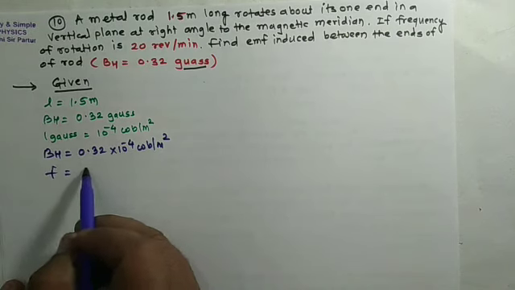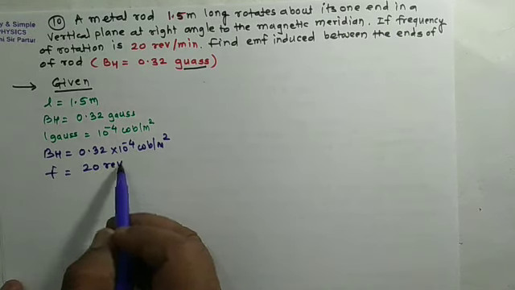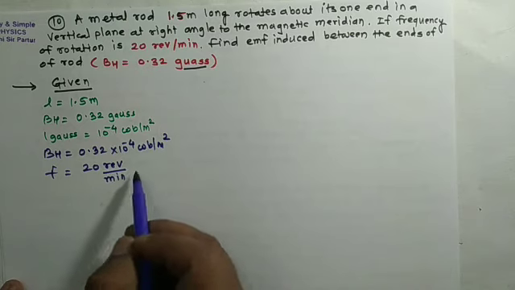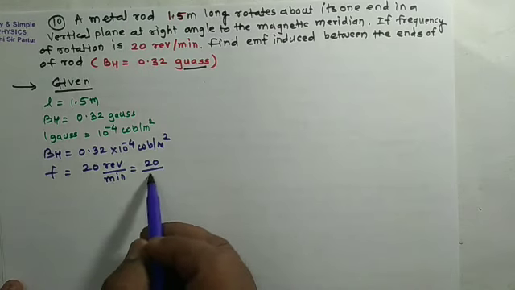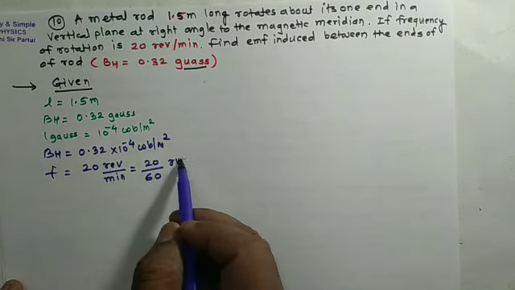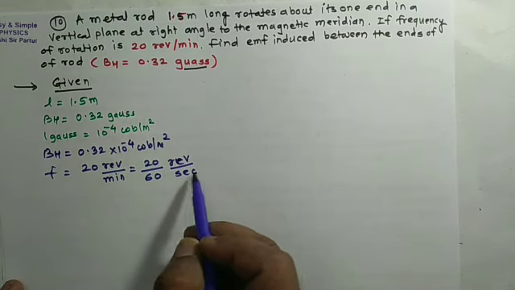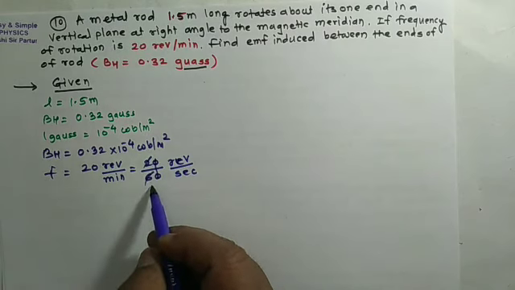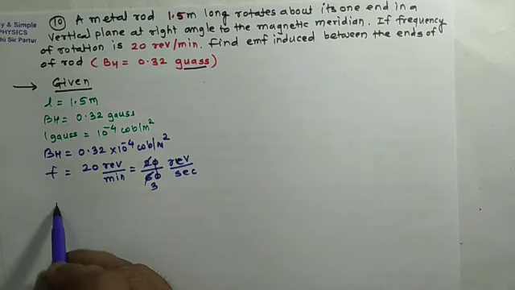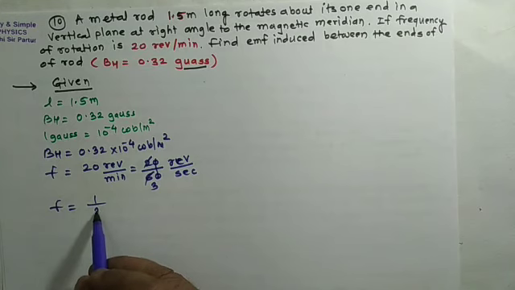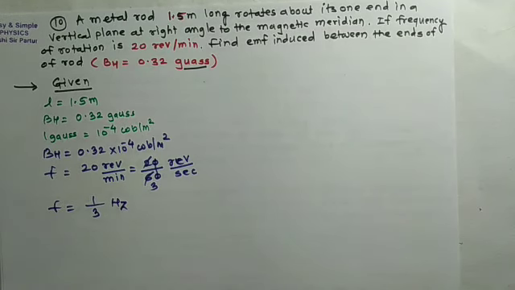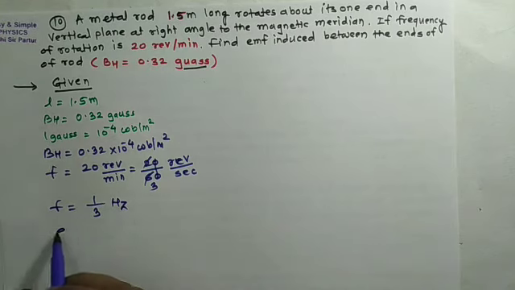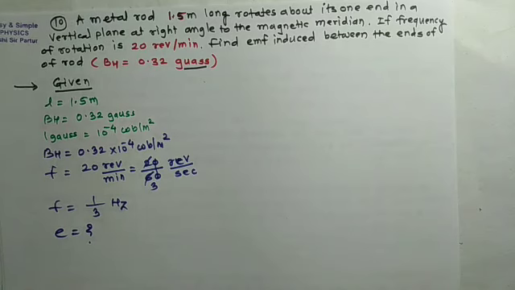Frequency f is given as 20 revolutions per minute, that is 20 upon 60 revolutions per second. So 0 gets cancelled, 2 ones are 2, 2 threes are 6. So frequency f will be 1 upon 3 hertz. And here we can find out the EMF which is induced in the coil.